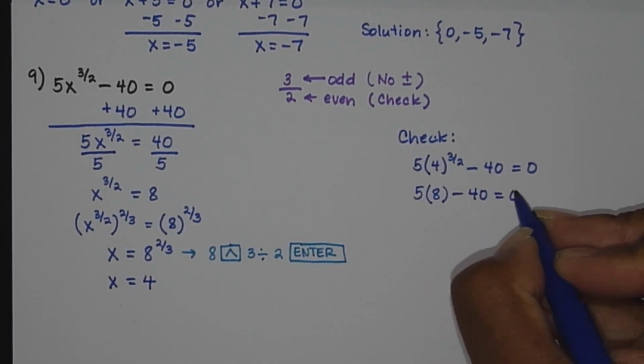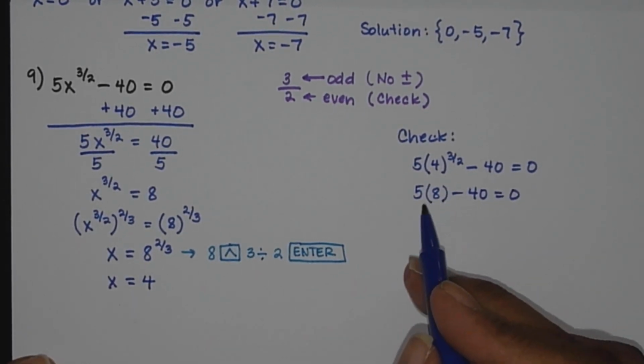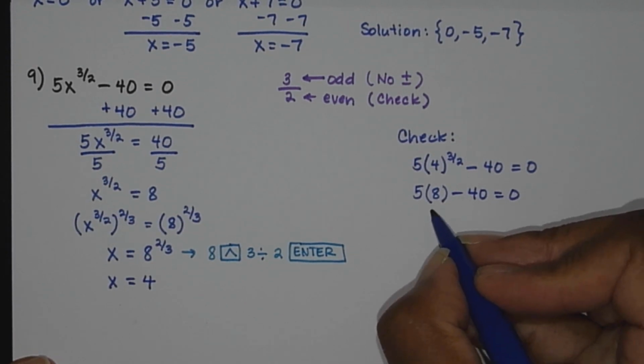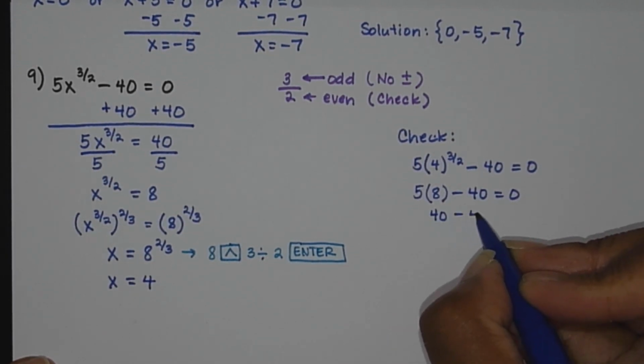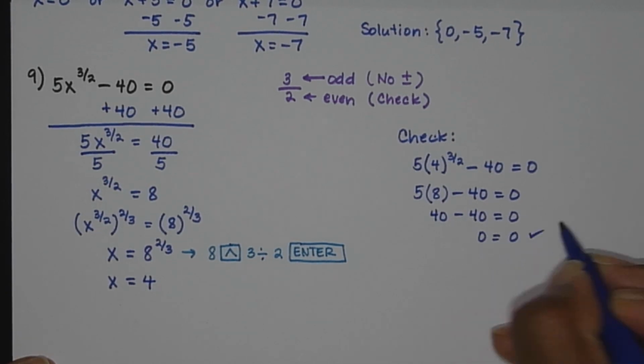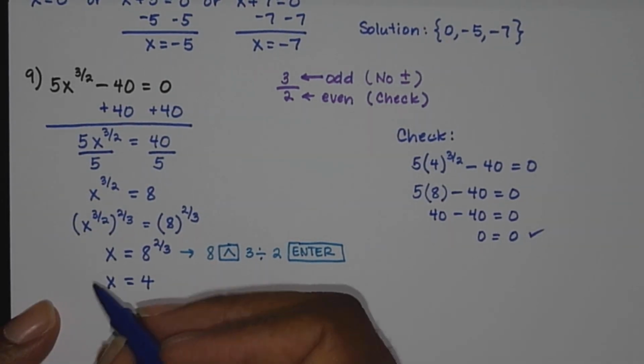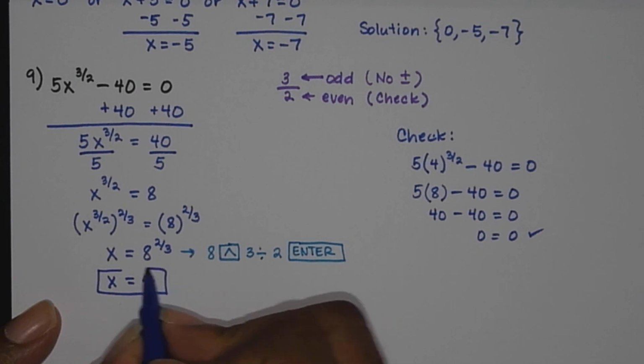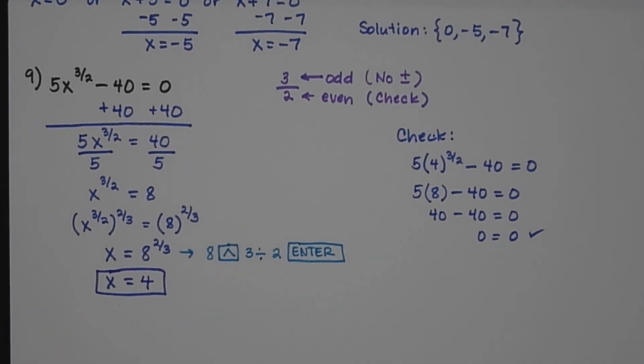Minus 40 is equal to 0. And then 5 times 8 would be 40. And 40 minus 40 does give us 0. So that checks. So that means here x equals 4 is the solution to that equation with rational exponents.